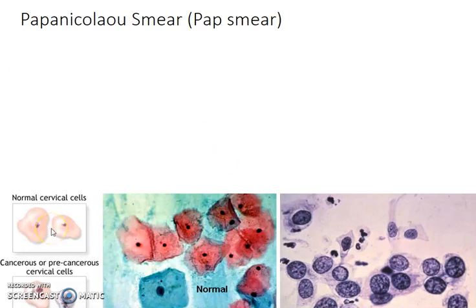Skin cancer, that's easy to spot just because it's on your skin. Oral cancer, the doctor has you say ah, and they look around your mouth. So this is looking at another place that has rapidly dividing cells and looking for abnormalities. The normal cells around the cervix should be circular with a very small, tiny nucleus. Cancerous cells can have multiple nuclei or extra large nuclei, or they lose their nice circular shape.